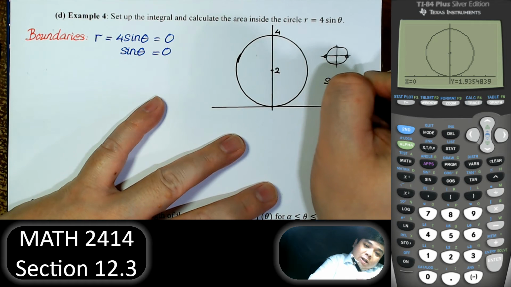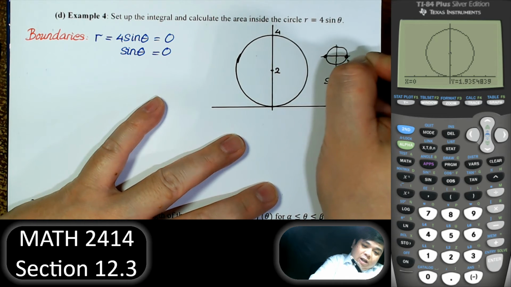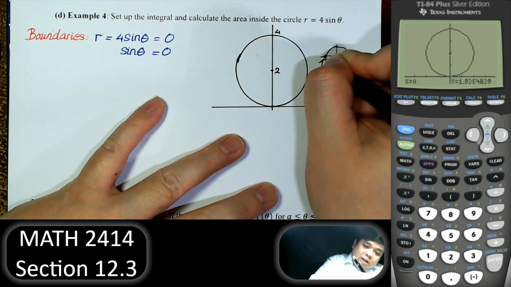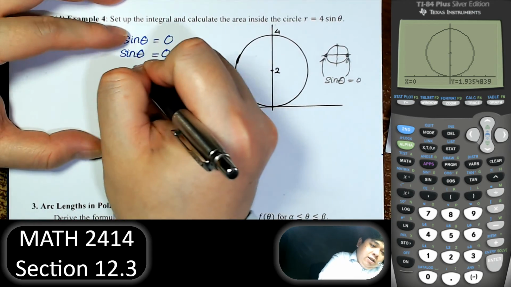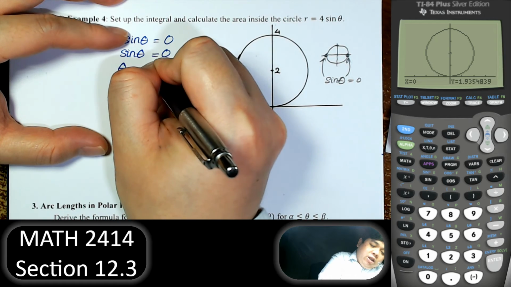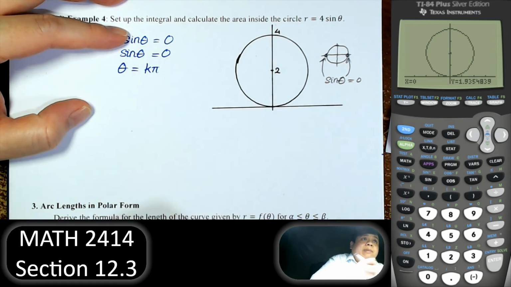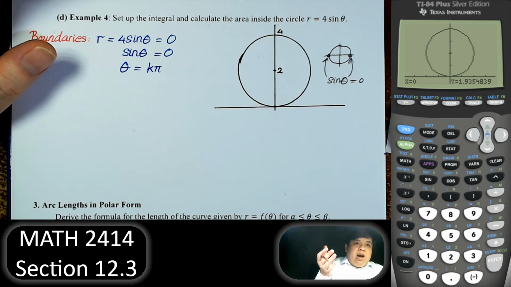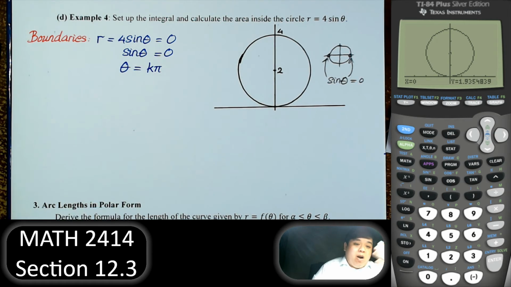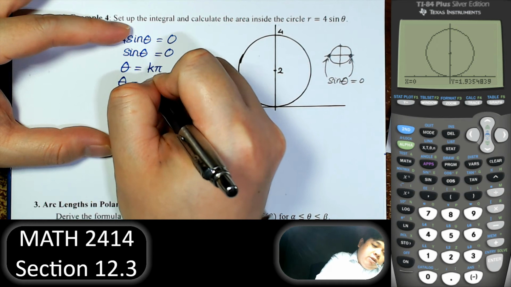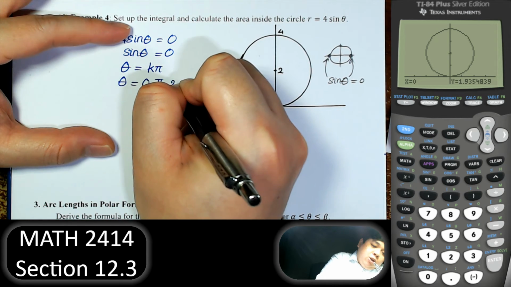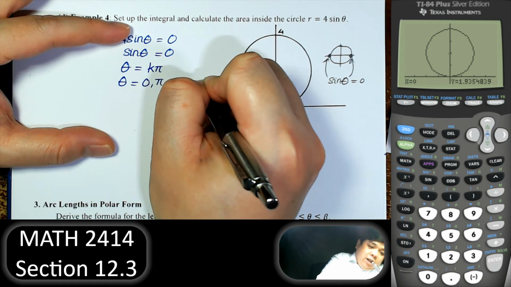So sine equal to 0 is there and there, which is 0 or pi. So theta equal to, we just say k pi, multiple pi. 0 pi, 1 pi, 2 pi, 3 pi, doesn't matter, multiple pi.